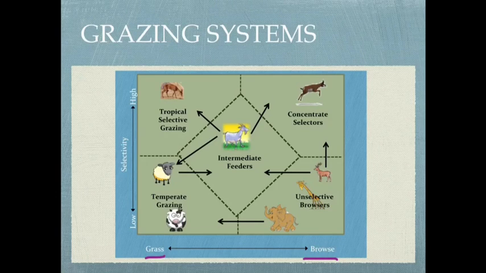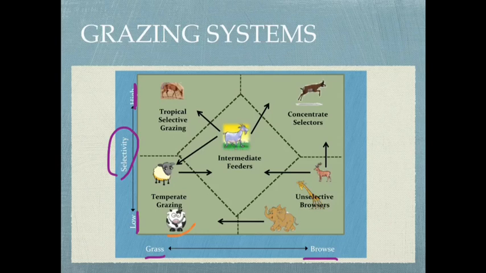We also have the animal's ability to select, what we call selectivity. Animals that don't select really well, meaning they eat everything in front of them, or the really picky eaters up here on this higher end, the high selectivity animals that are very particular for what they want to eat. If you take a look at our species that we deal with, let's start with the cow.